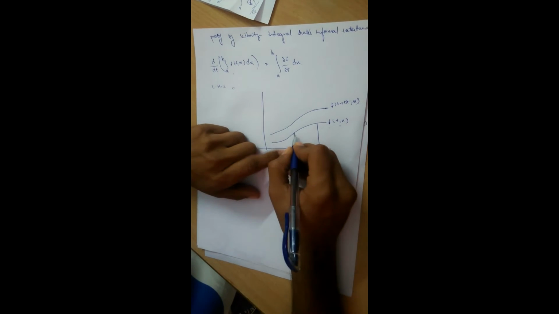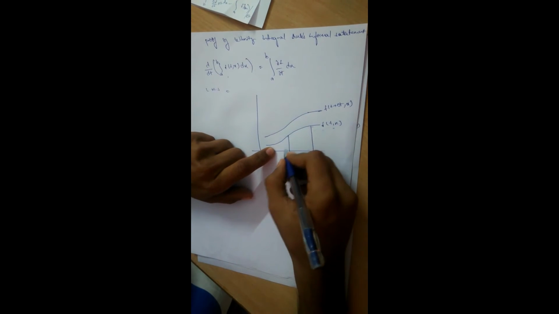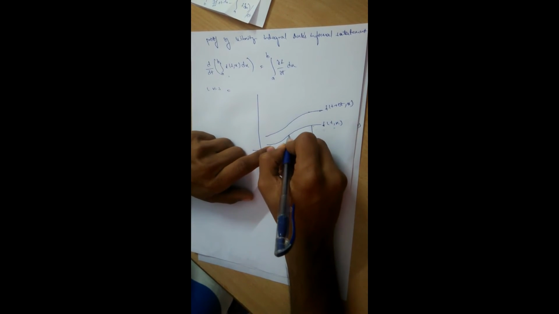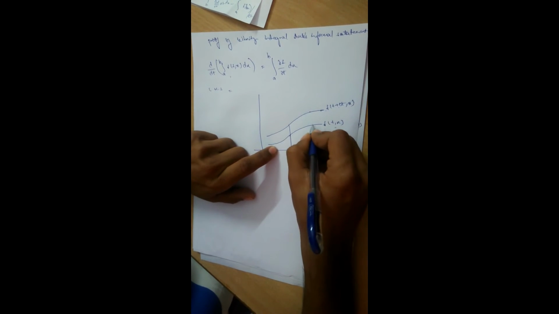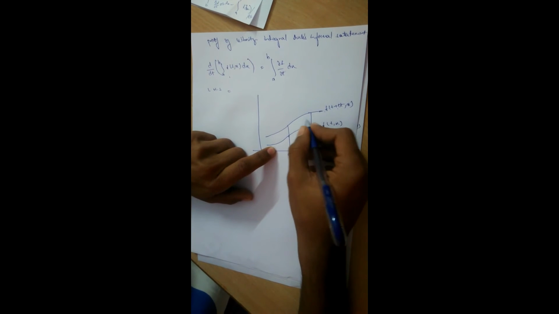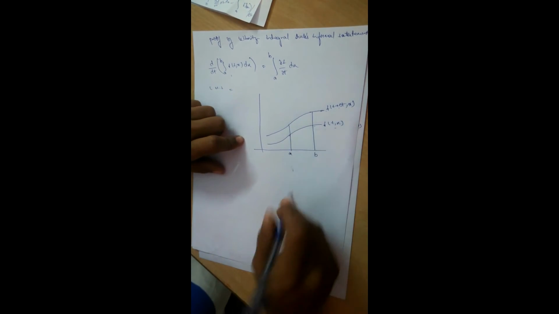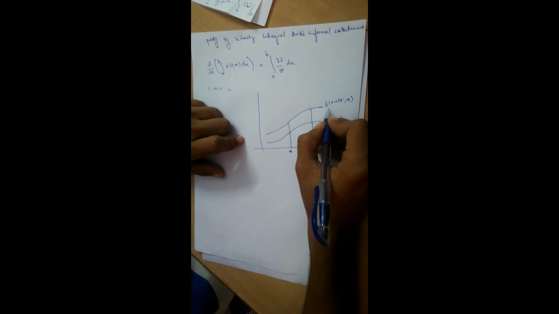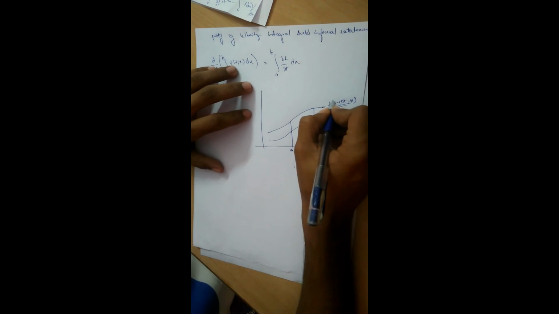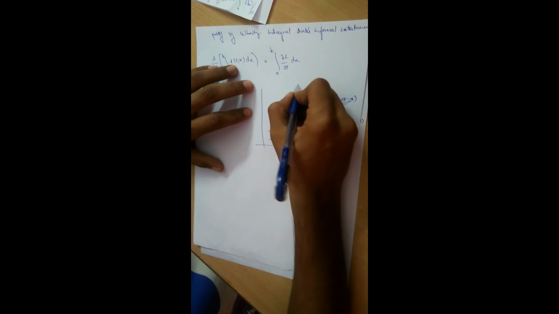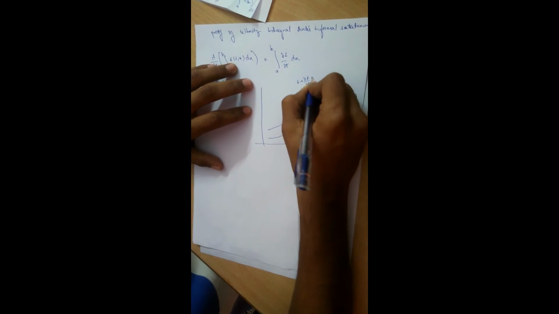Let us take the area below f(x) in between a and b, and similarly the area below f(t + Δt, x) under the limits of a, b. Now f(t + Δt, x) can be expressed as f plus ∂f/∂t times Δt.